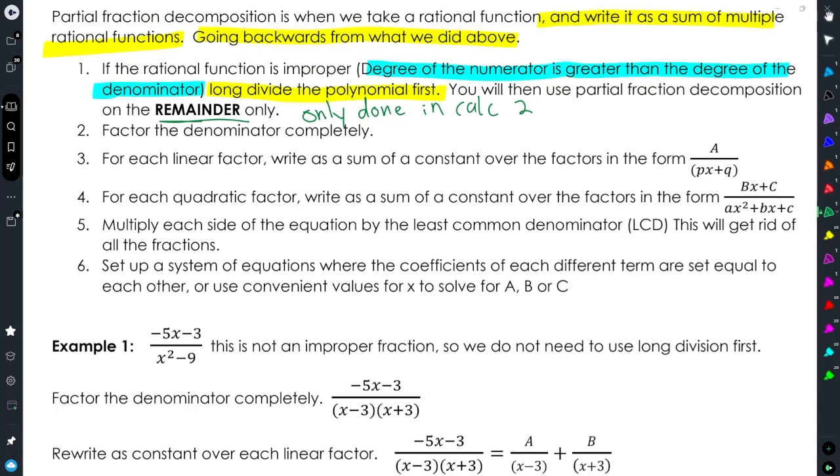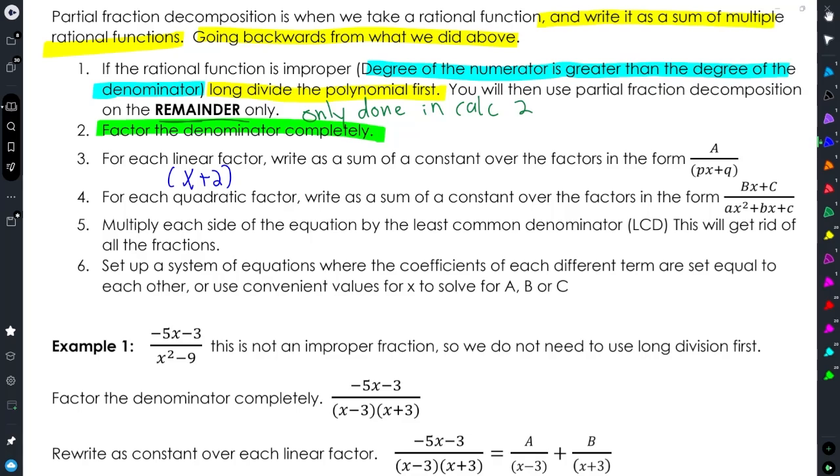So our first step, after making sure we can do partial fraction decomposition, is to factor the denominator completely. Now, for each linear factor, remember, a linear factor is like x plus 2. It's x to the first power plus or minus a number.